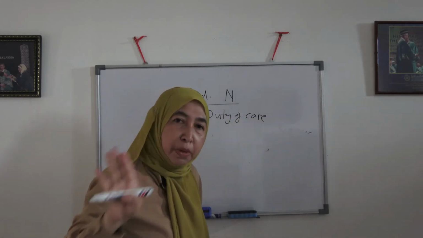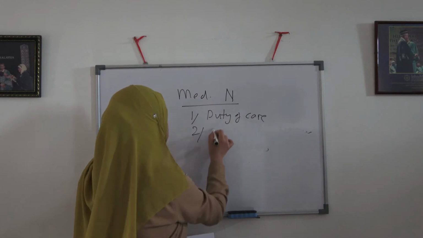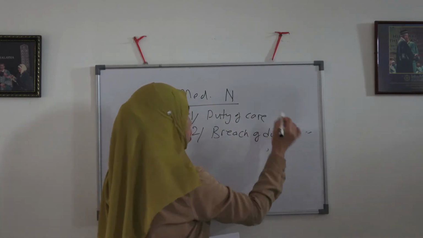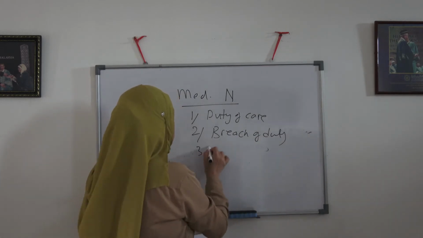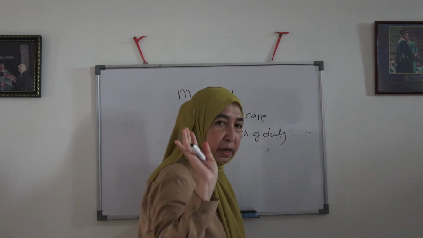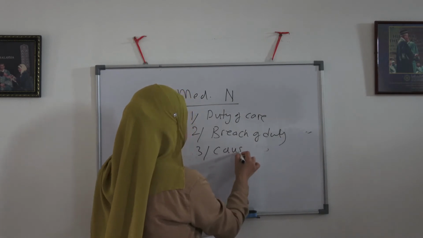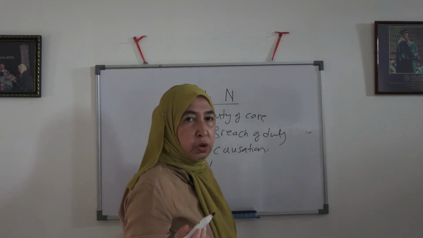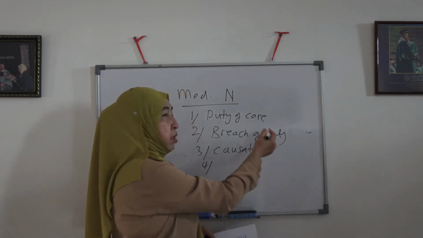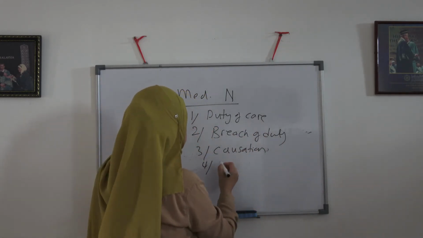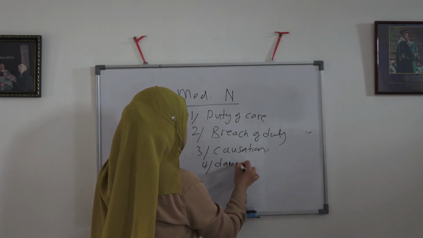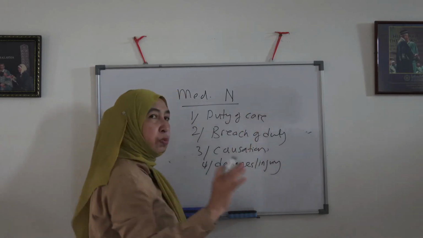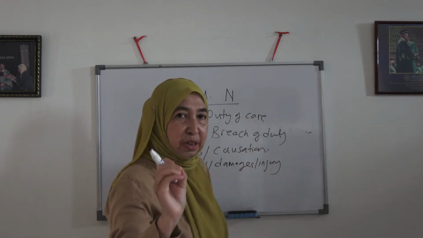Number 2 is breach of duty. Number 3, causation. And number 4 is damages or injuries suffered due to the breach of duty earlier. So damages or injury. These are the elements for negligence only.